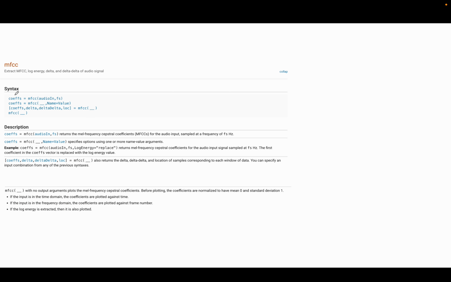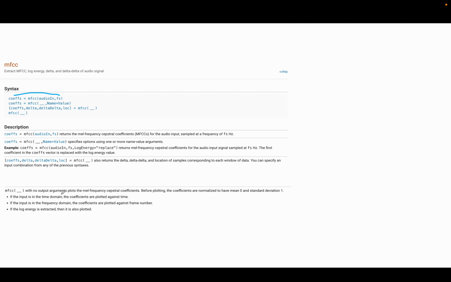This is the command and the appropriate syntax. audioIn is basically the audio file. If you do this without any additional specifications, what you will get as an output is the Mel frequency cepstral coefficients for the audio input, sampled at a frequency of fs hertz. So you will have to give it the audio signal and fs.